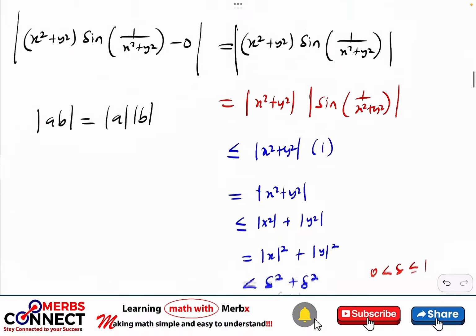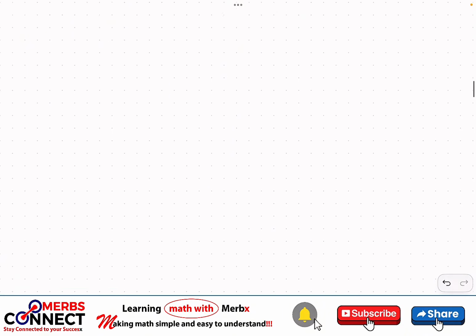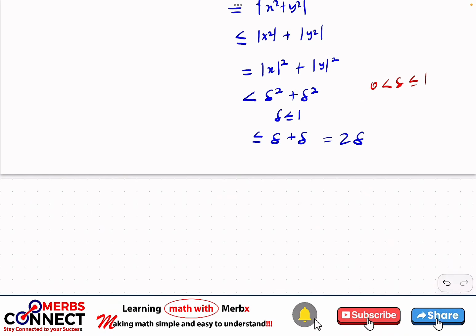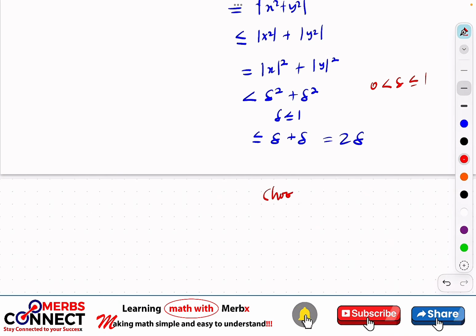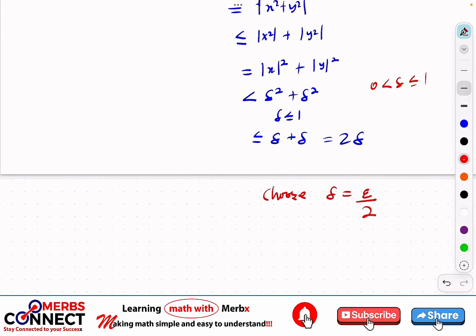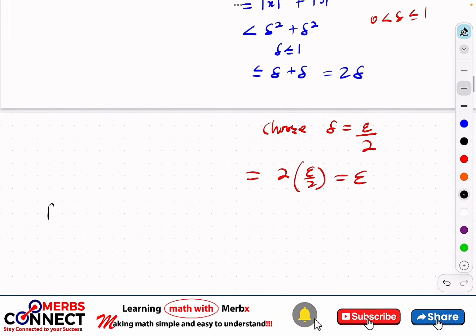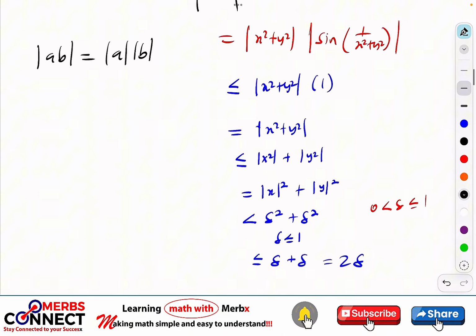So that is the idea here. Now that we have this one here, we can choose delta to be equal to epsilon divided by the coefficient of delta here, which is 2. And this will be 2 epsilon over 2, and this is equal to epsilon. So now let me write what is happening here.